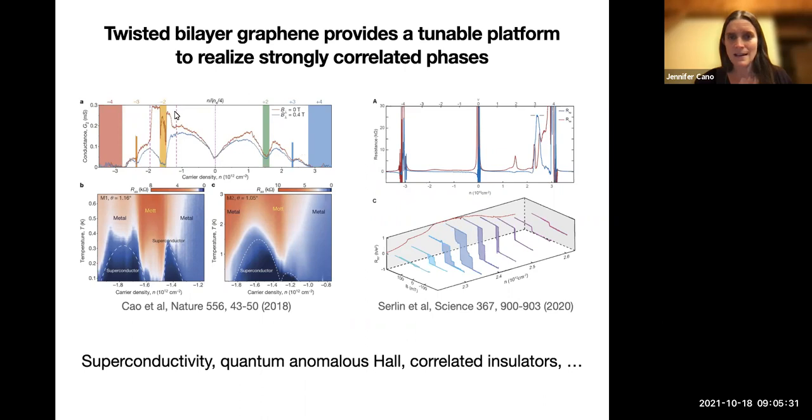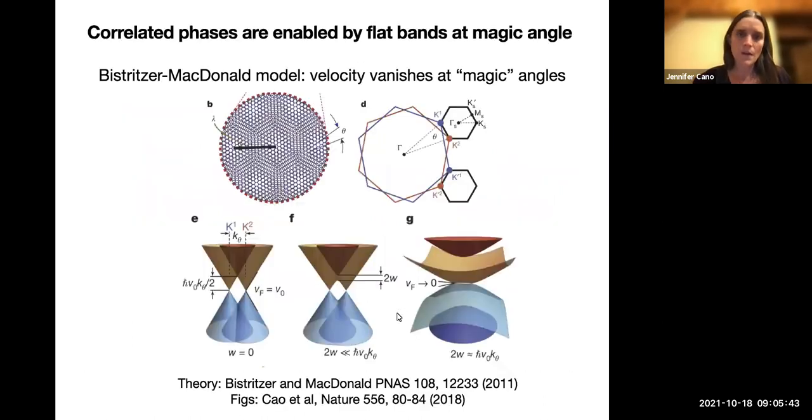On the left-hand side is the original data showing superconductivity and other insulating phases in twisted bilayer graphene. And on the right-hand side is the data showing quantum anomalous Hall effect. Not all of these correlated phases are completely understood, and understanding those phases is a huge area of research right now, which is not the topic of this talk.